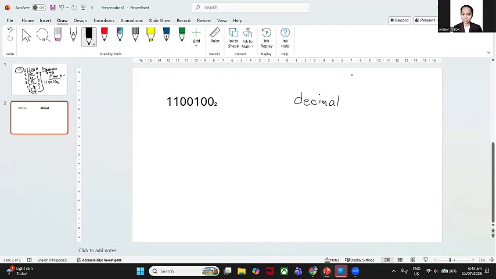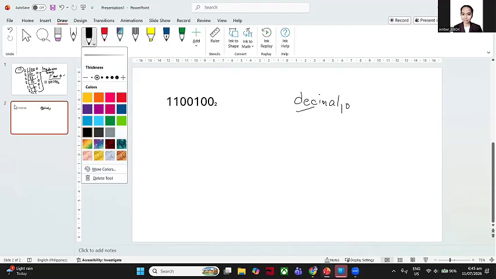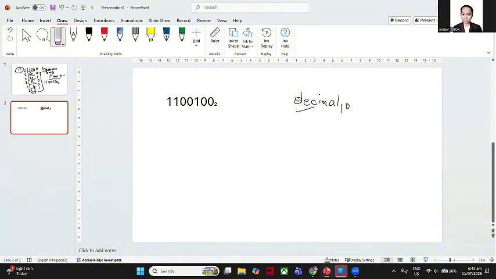It is base 10 because it comes from the word decimal, which is 10 digits. So let's write the binary: 1, 1, 0, 0, 1, 0, 0.